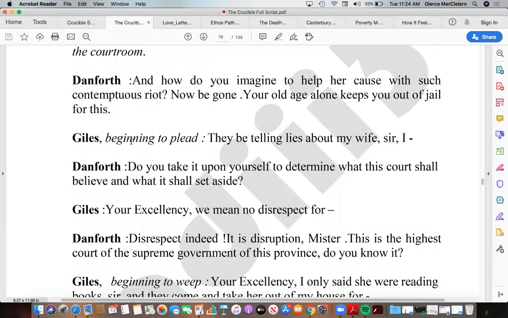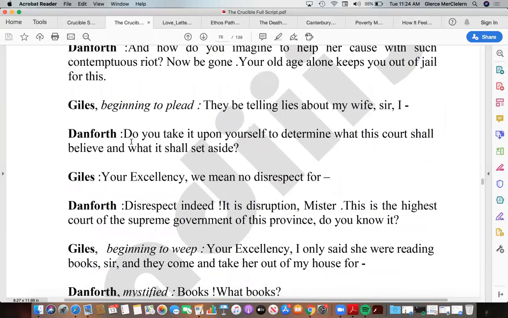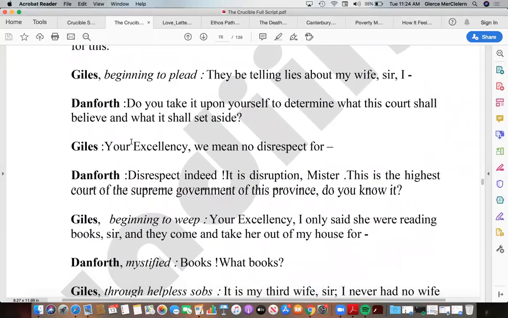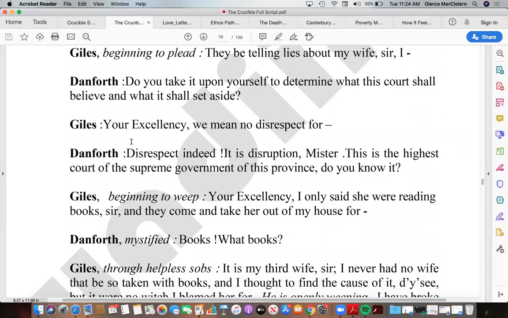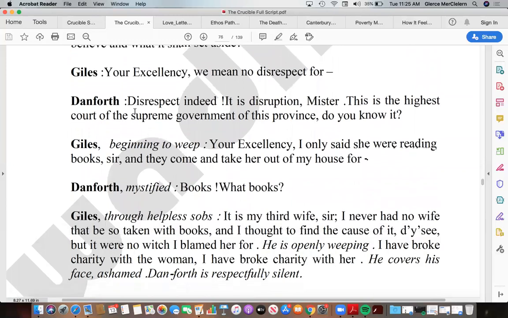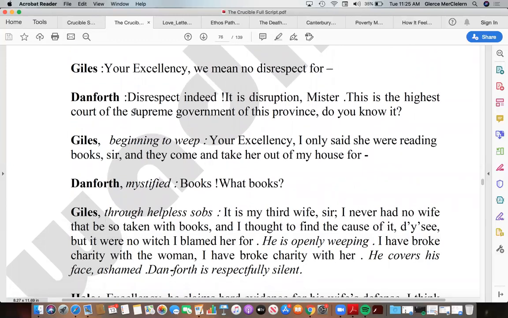Do you take it upon yourself to determine what this court shall believe and what is set aside? Your Excellency, we mean no disrespect. Disrespect indeed. This is the highest court of the supreme government of this province. Do you know it?